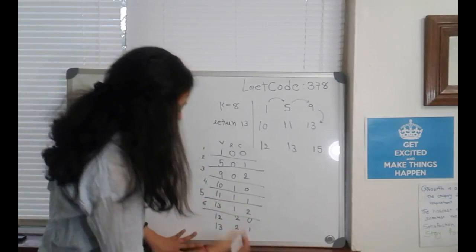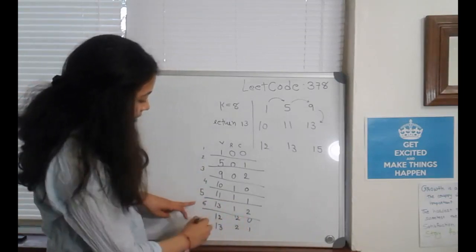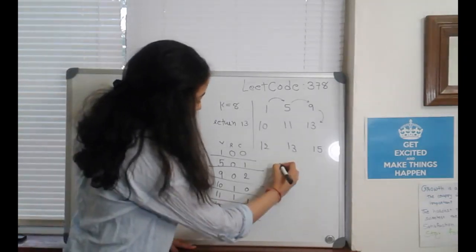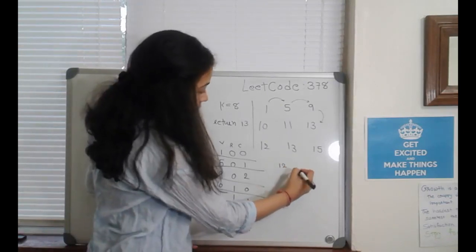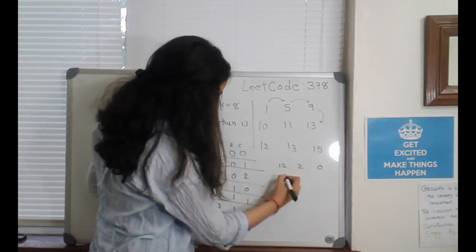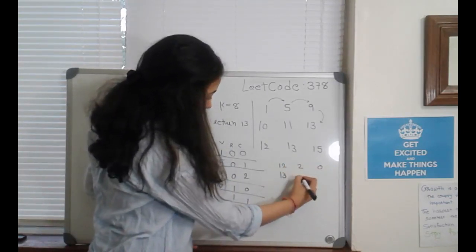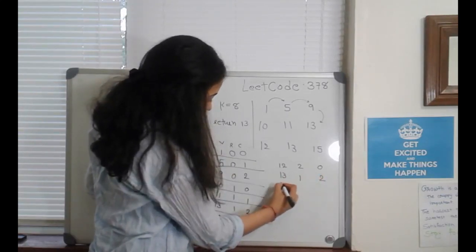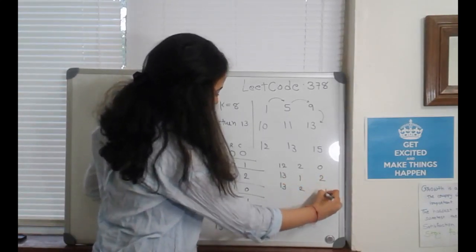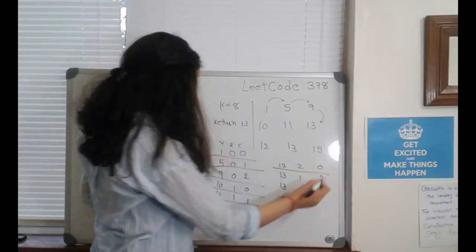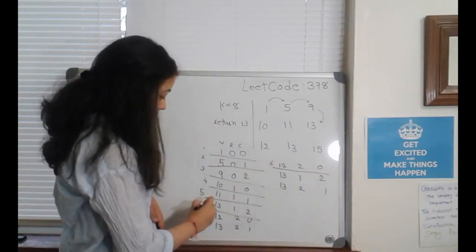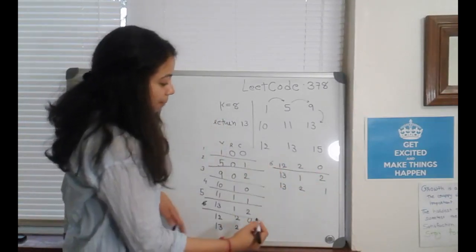The sixth time you take something out, it's going to look like this. So 12, 2, 0, 13, 1, 2, 13, 2, 1, right? So the sixth time you take something out, it's not going to be this, it's going to be that.